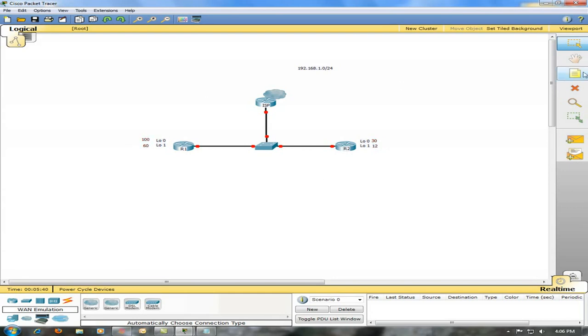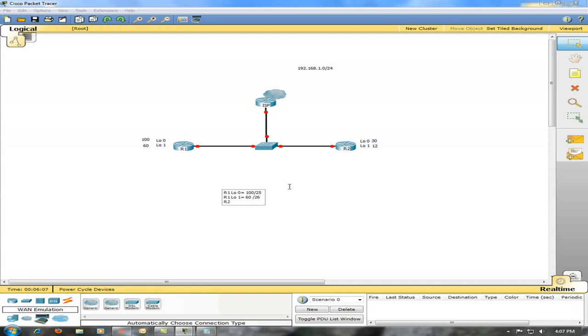So we'll have to subnet this so we know that router 1 loopback 0 is going to have 100 hosts. That's a /25. Router 1's loopback 1 will have 60 hosts. Therefore, he is a /26.